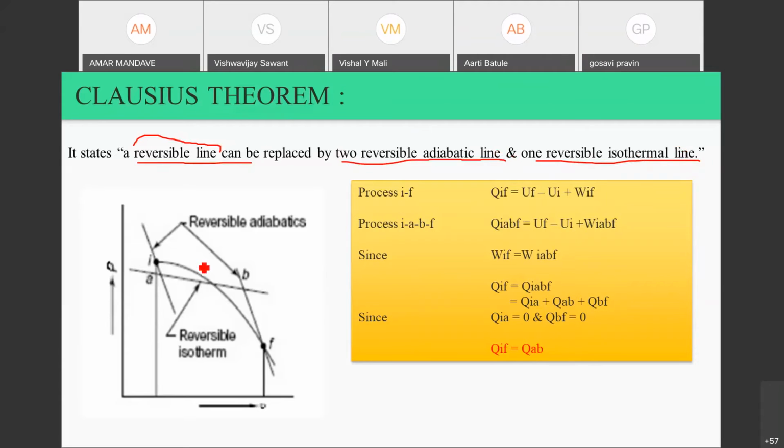Whenever we plot any process on the PV graph, the TS graph or any other graph, we can replace this reversible process by using two reversible adiabatic processes and one reversible isothermal process. That is the Clausius theorem, and we are going to prove it.